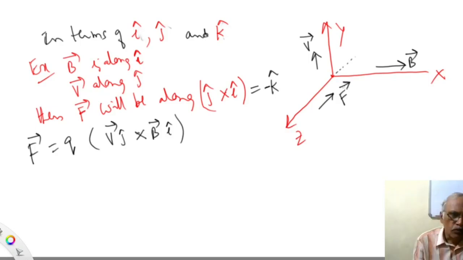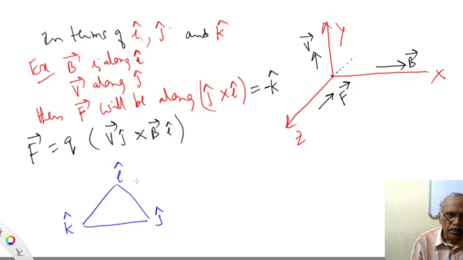You know how to decide in terms of IJK? For example, take a triangle like this with I cap, J cap, and K cap.